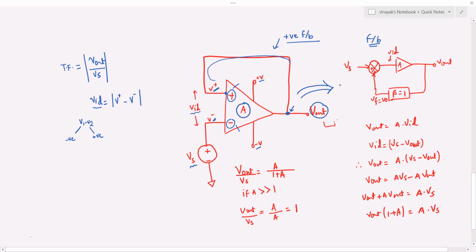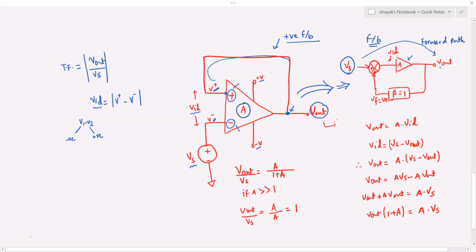So how can we analyze in terms of a block diagram? You have an externally applied input signal Vs, then you have a gain block A. From input to output, this is called the forward path.